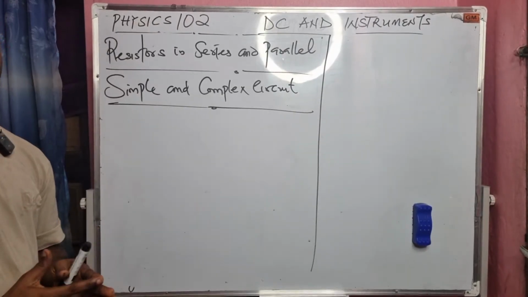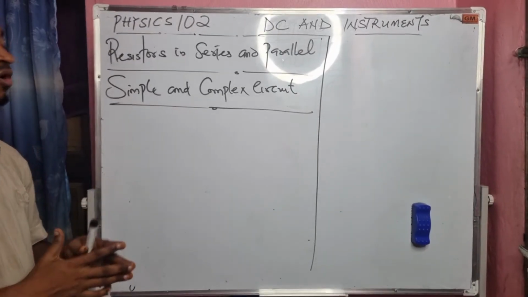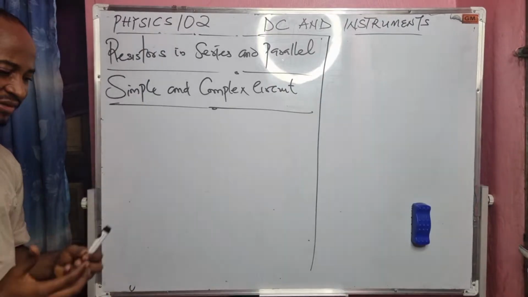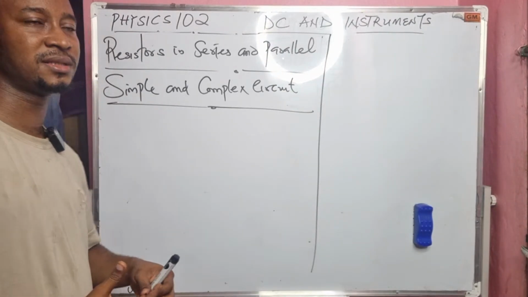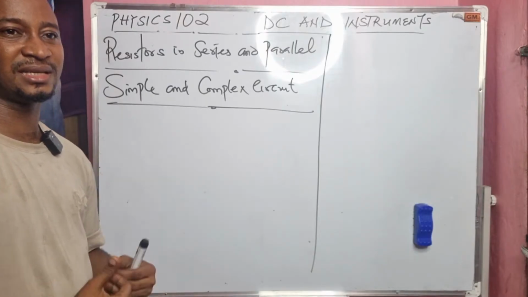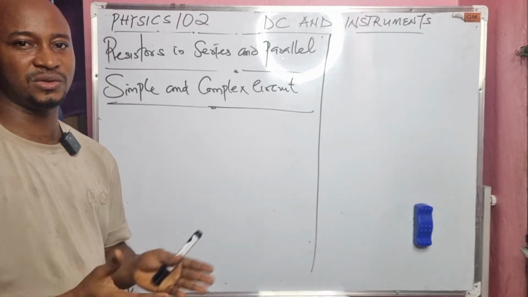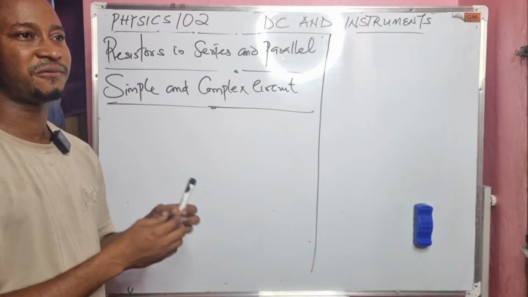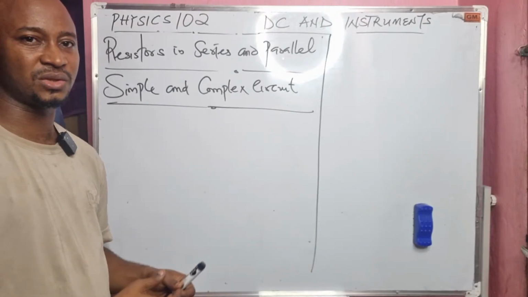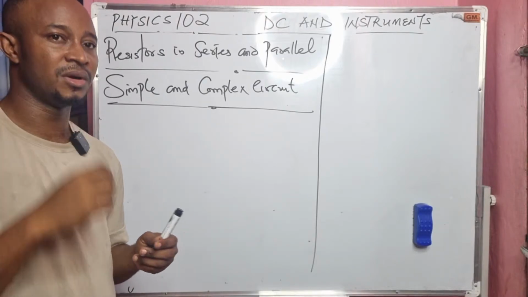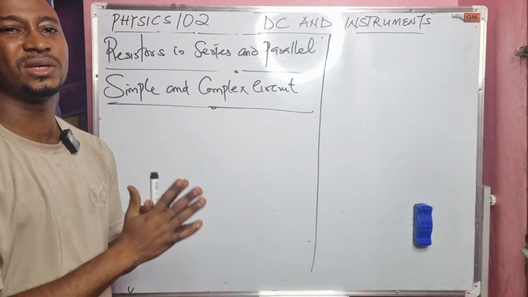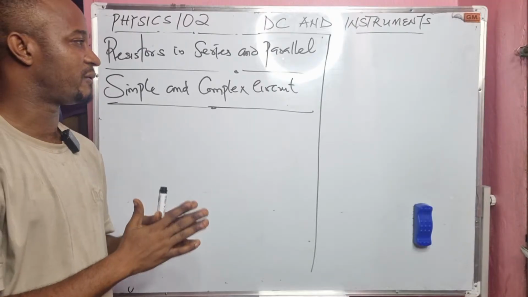The job of a resistor is just to oppose the flow of current. It gives resistance to the flow of current. When the resistance that occurs in a circuit is offered by a resistor, we call that a resistive or reactance. But the job of a resistor is to resist the flow of current.